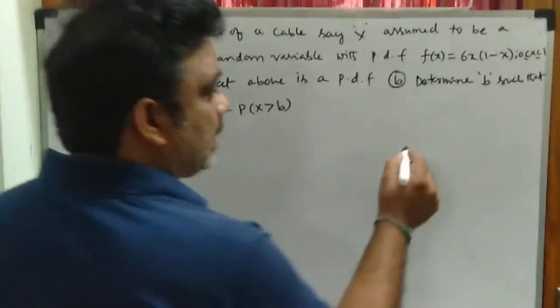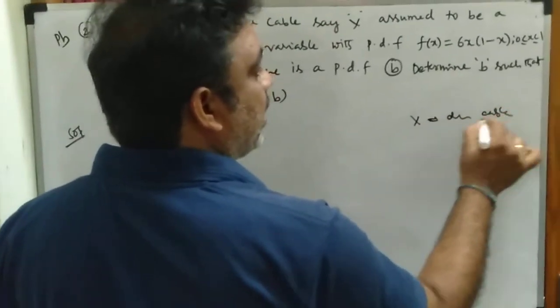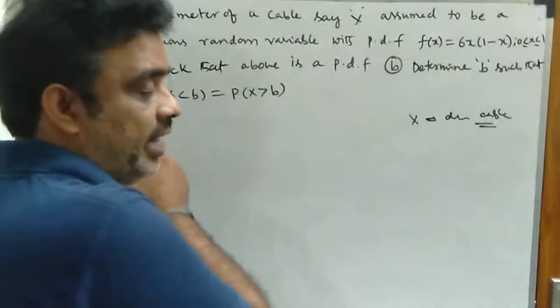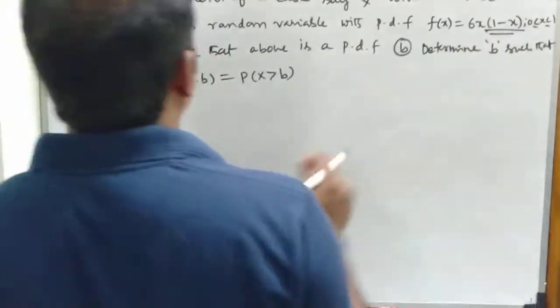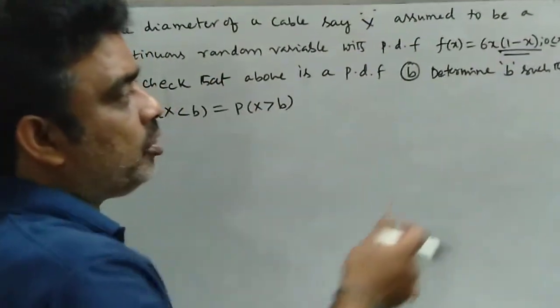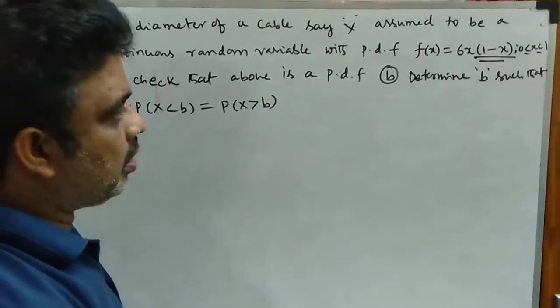Here x is the diameter of the cable, and it is defined as a continuous random variable. Given that it is a PDF, check that the above is a PDF. Like in the previous problem, we have to check whether this is a probability density function or not.